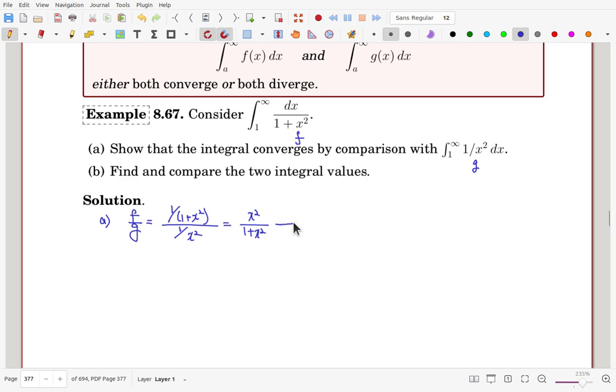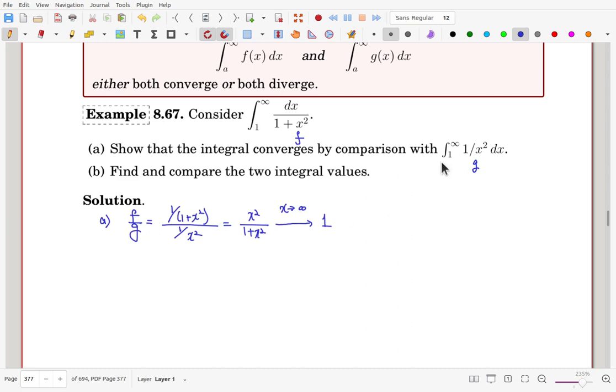Now, if we take the limit as x approaches infinity, then we know that it is approaching 1. It is a positive and bounded number, so the integral of f and the integral of g both converge or both diverge.